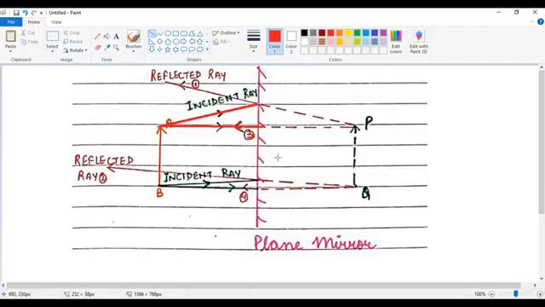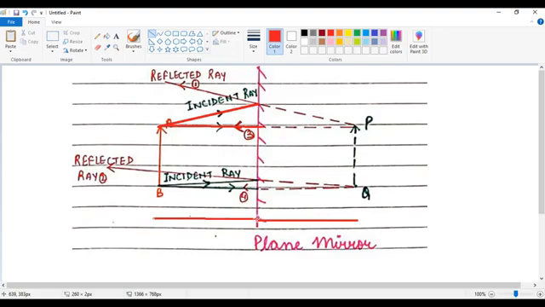Now, students, in case of plane mirror, the image formed behind the plane mirror is always at the same distance as the object is placed in front of plane mirror.